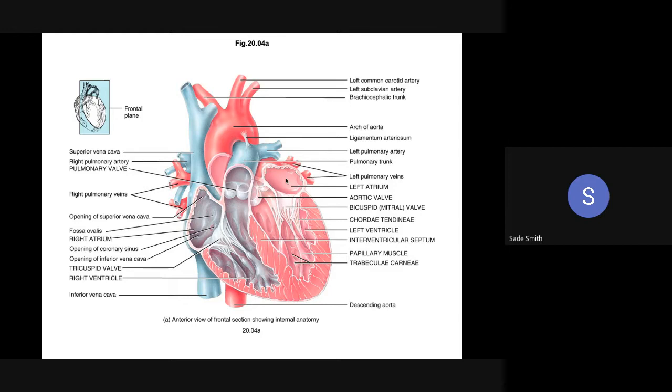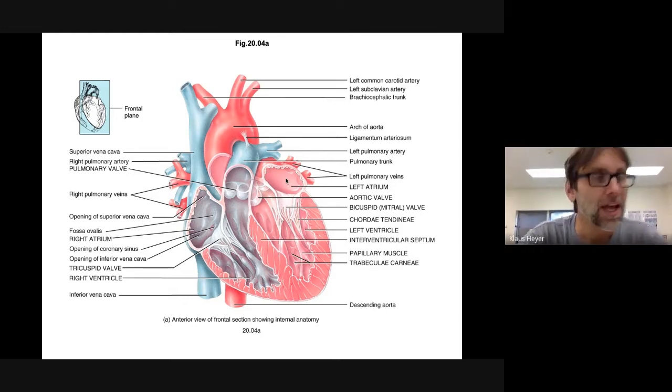The lungs. Yes. It came from the lungs because that stuff's oxygenated. The lungs got oxygen and it came from there. It wouldn't come from all your cells in your body. That stuff's all used-up oxygen, it's all carbon dioxide. So we're not going to send that into this side of the heart.